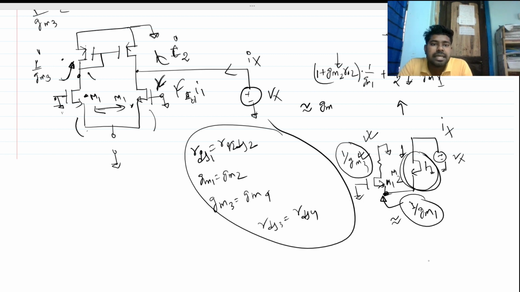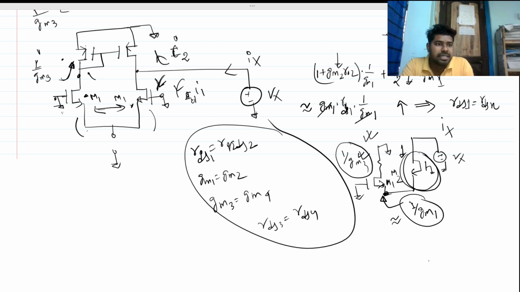Now we can neglect the lower terms and keep the higher term. So this will be nothing but GM1 times RDS1 times 1 over GM1. Here the GM cancels because these two are identical, so we are left with only RDS1, or RDSN, whatever we call it.